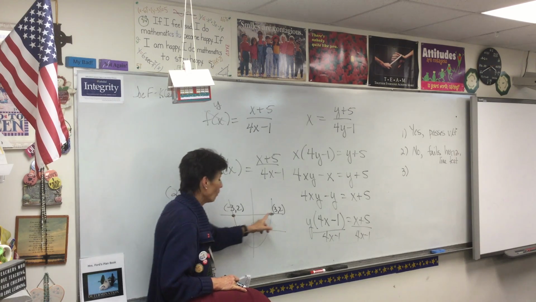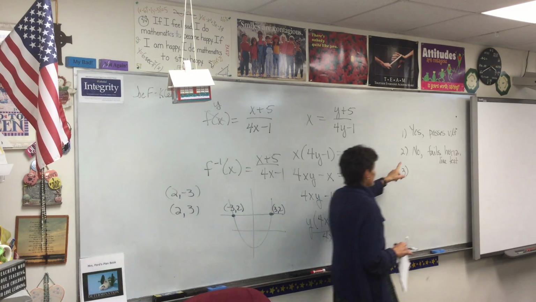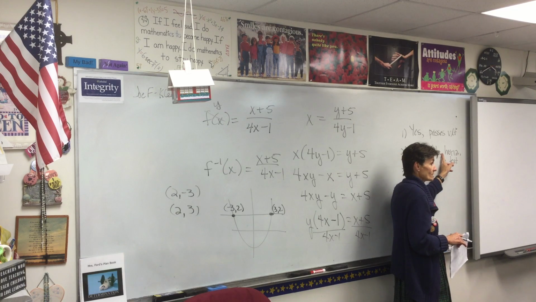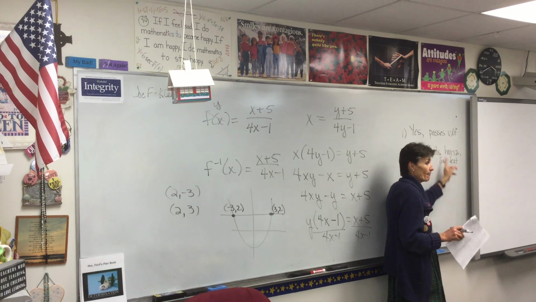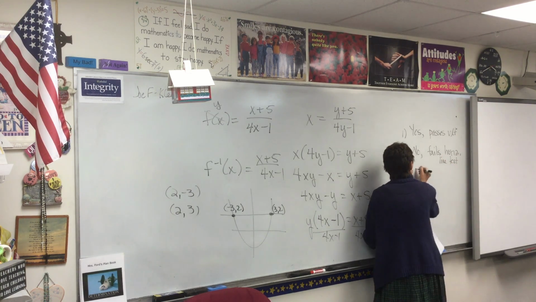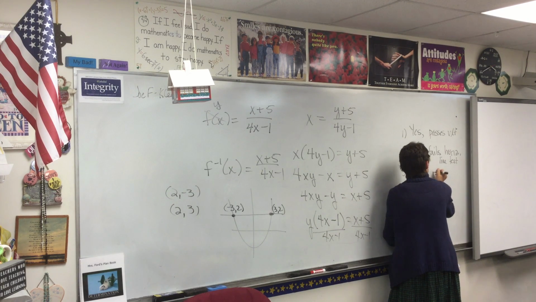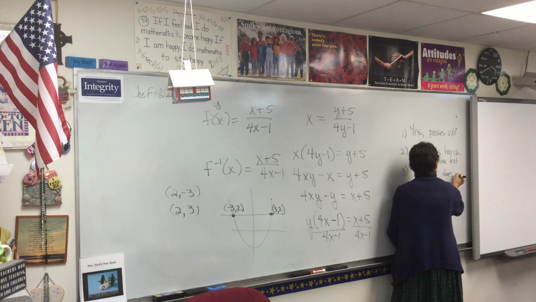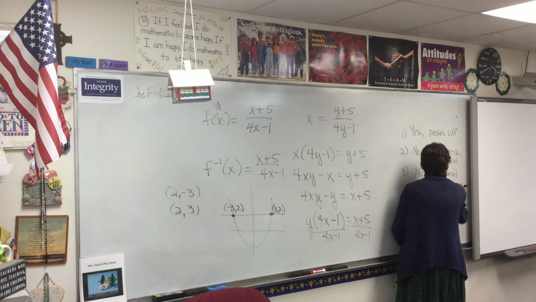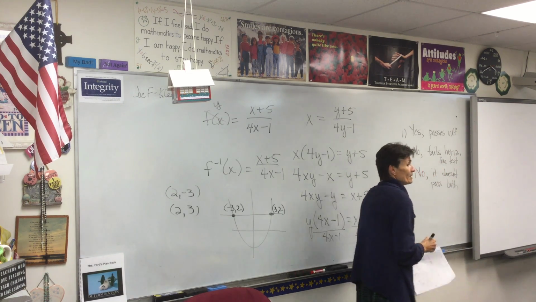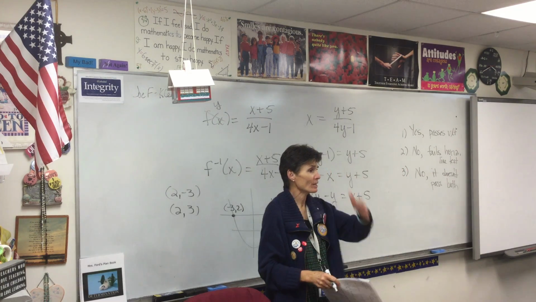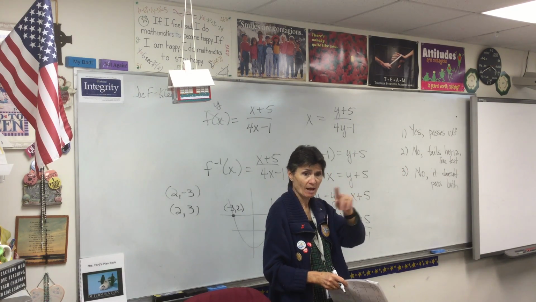This has 2 points, so the answer is no because it fails the horizontal line test. Is it 1-to-1? No, it doesn't pass both tests. In order to be 1-to-1, you have to pass vertical and horizontal.